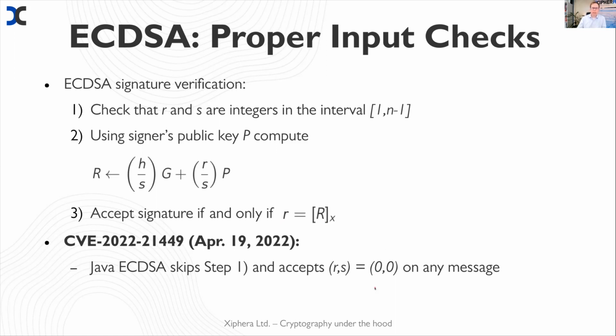And if you attach such a signature to any message, this Java implementation returned a valid signature verification result, although of course the signature was not valid. An attacker could have, for example, sent a Google certificate with a 0 signature in a TLS handshake and pretended to be Google for a client that was running this vulnerable ECDSA implementation.